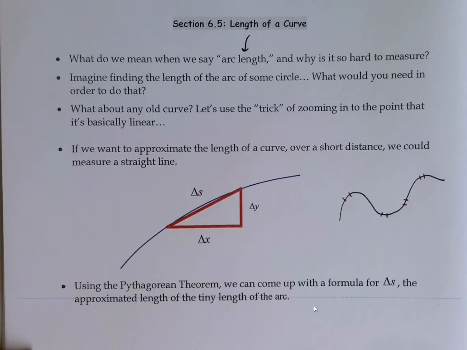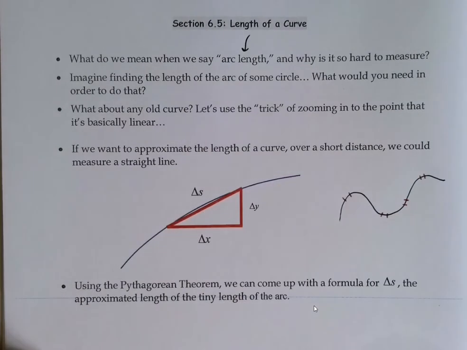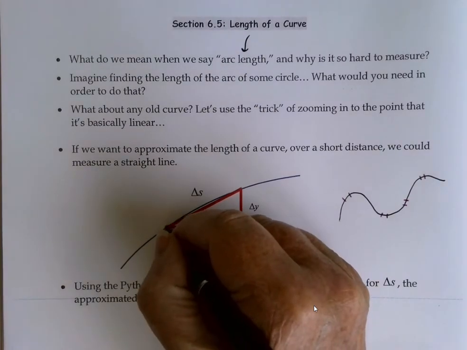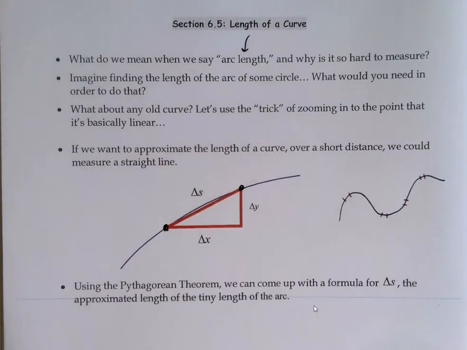Any of those little tiny pieces are almost straight. So let's imagine we've just zoomed in on a little tiny piece of a curve. I'm going to try and figure out the length of the arc from this point to that point.